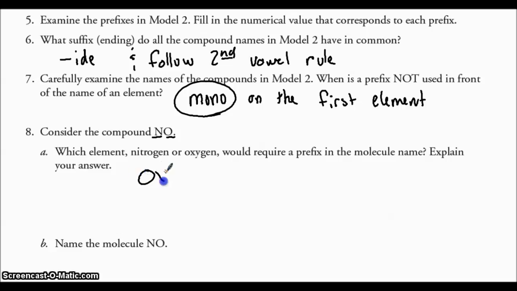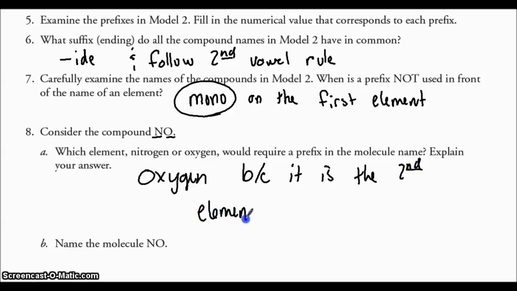This would be oxygen, and we're saying that because it is the second element in a covalent compound. All right.